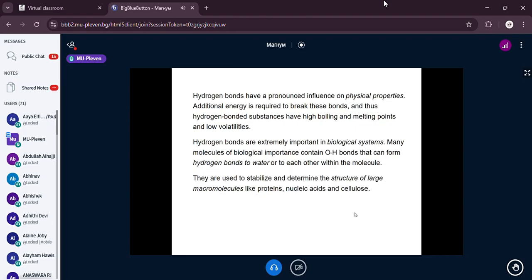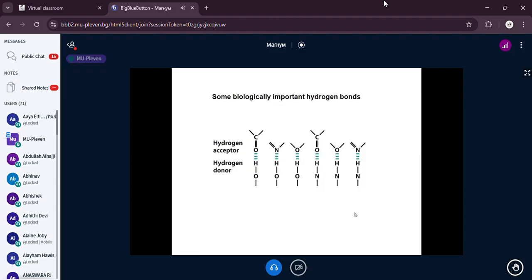Also, they are important for biological systems in which compounds make hydrogen bonds with molecules of water. You see several examples in the next slide for hydrogen bonds, which are very important for the structure of proteins, of nucleic acid, cellulose, and several examples of biological importance of hydrogen bonds.